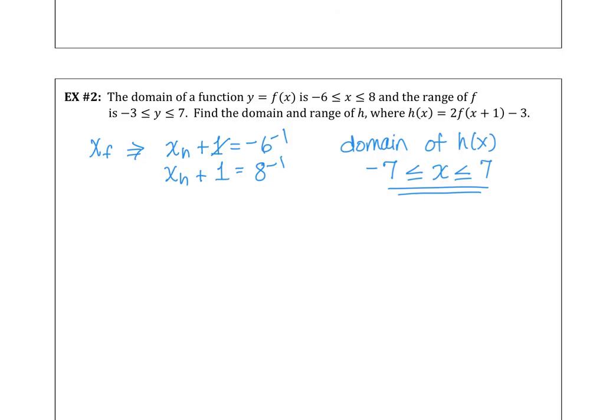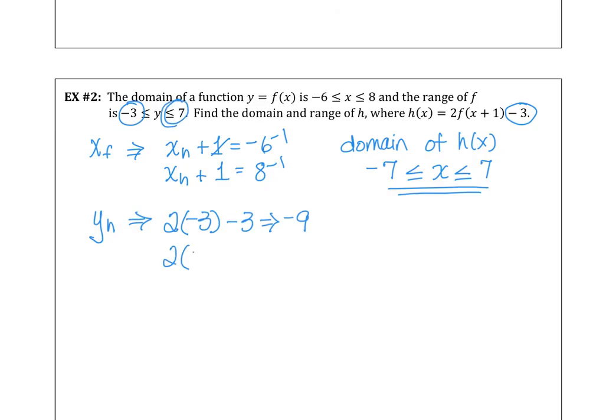And we know that our old range goes from -3 to 7 on y. So what would happen with our range for the h? We would take the 2, which is the a value, and multiply by -3, but we also have to subtract 3 to get our new range value. So 2 times -3 is -6, minus 3 puts our new range beginning at -9, and then do the same thing with the other y value.